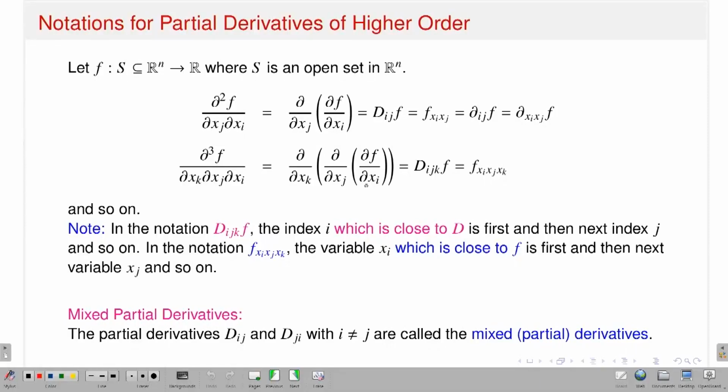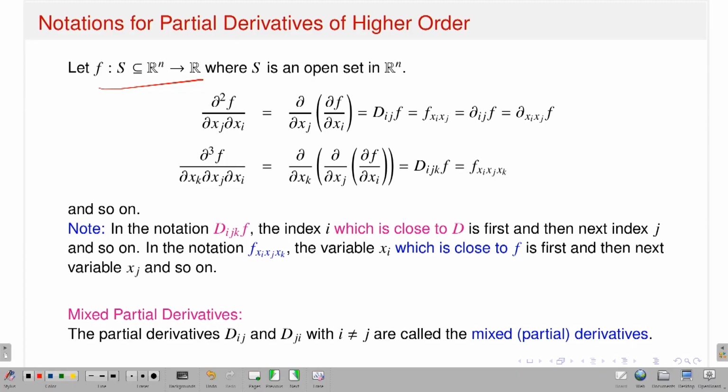As I said, I will recall the notions of partial derivatives that I already introduced in my earlier lectures, once again, to talk about the mixed derivative theorem. So, let f be a function from some open subset S of Rn to R. Since it is Rn, n coordinate axis directions are there, or you have an orthonormal basis consisting of n linearly independent vectors, so I can talk about the partial derivative of f with respect to n variables, x1, x2 up to xn.